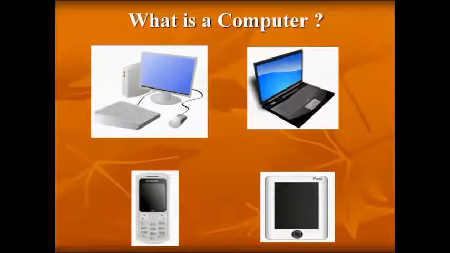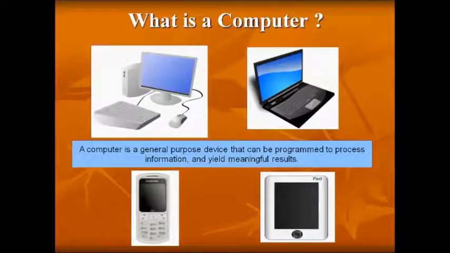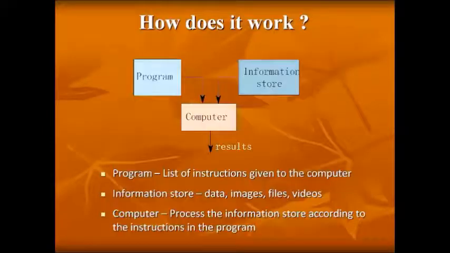So what is a computer? It might be a desktop, a netbook or a laptop, mobile phones, iPad. A computer is a general purpose device that can be programmed to process information and yield meaningful results. So how does it work?